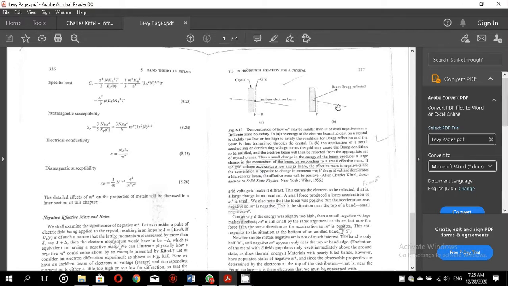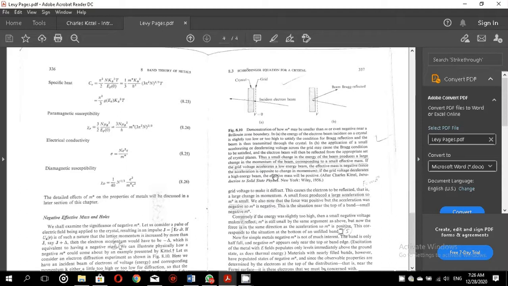So it means there is a large change in momentum, because before incidence the electron was moving in this direction, and after this reflection, it just changes its direction, so there is a large change in the momentum. So what is being said here is that a small change in the voltage applied here gives a large change in the momentum, and that leads to the negative effective mass.